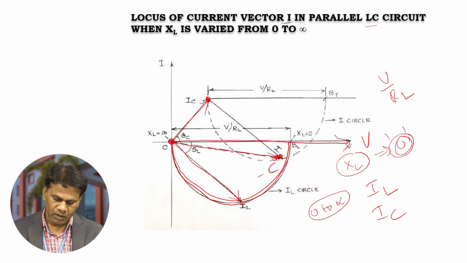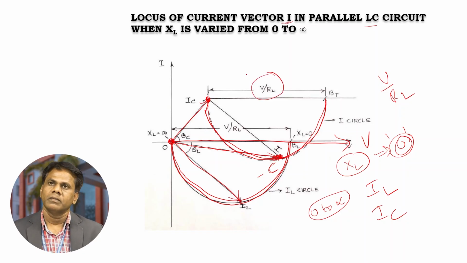Along with this, I change the diameter with respect to the fixed current IC, and we get a semicircle with a diameter of V by IL. So this is all about the locus diagram of the LC circuit with varying XL.